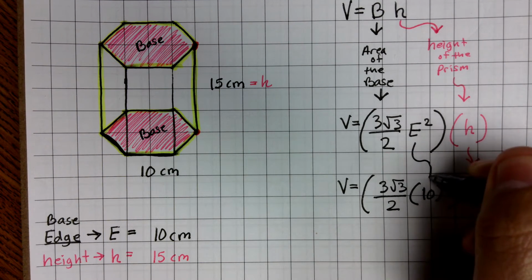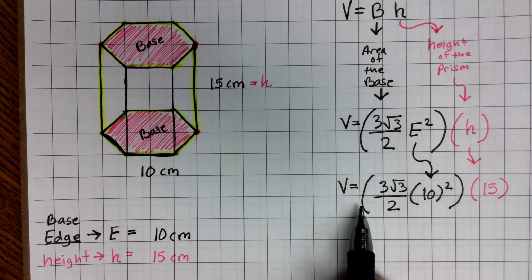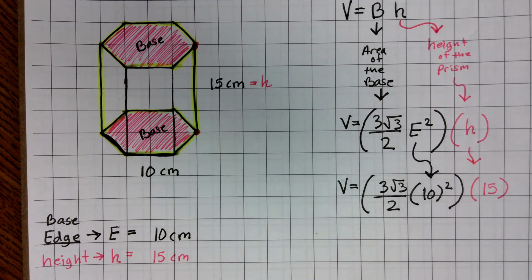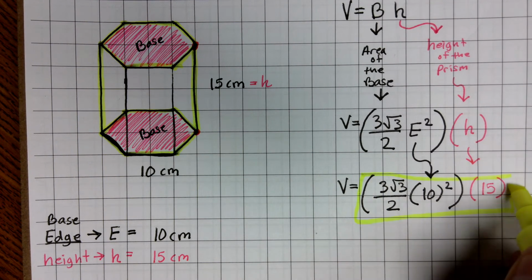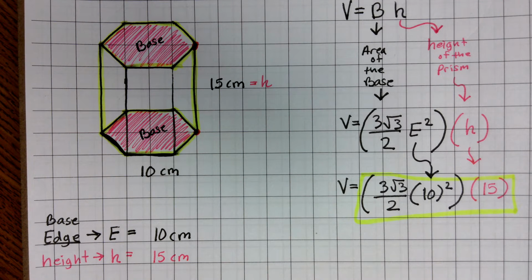So that was my value for E. Now we can put it in a calculator just like this. And when I say put it in a calculator like this, what I mean is let's take this right here that has the parentheses around it and put it in a calculator and get our answer.